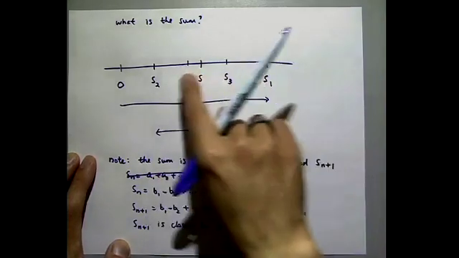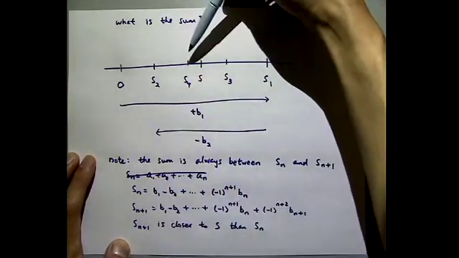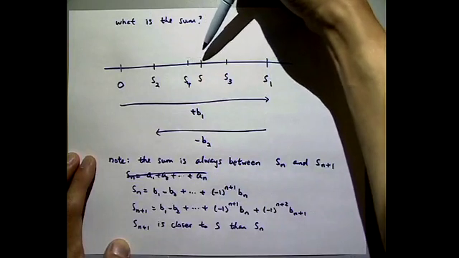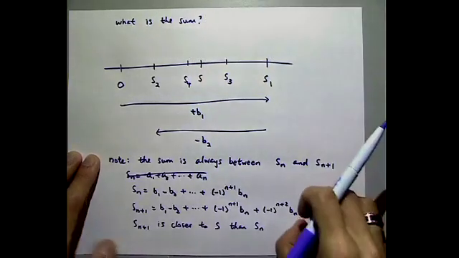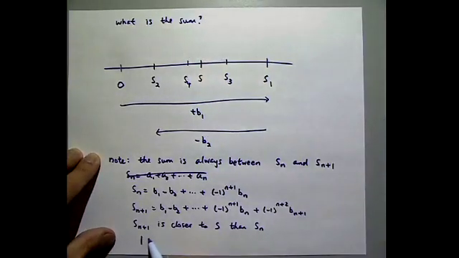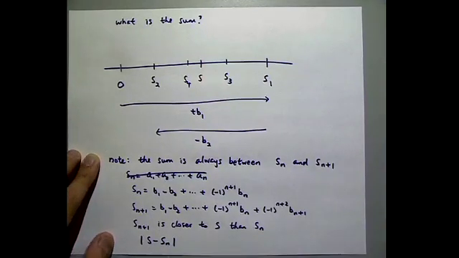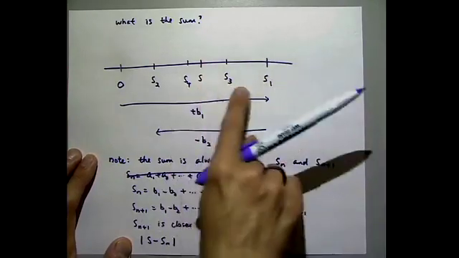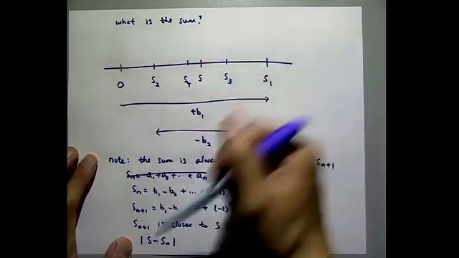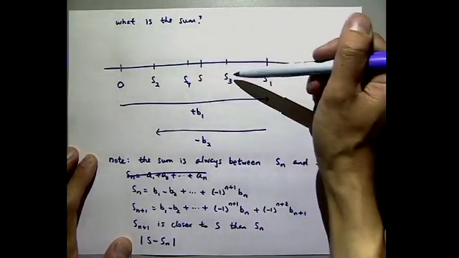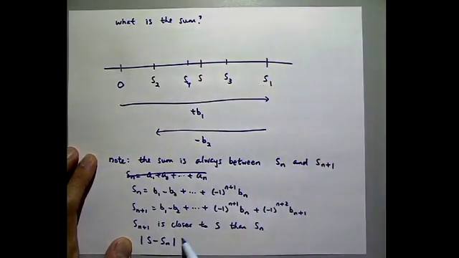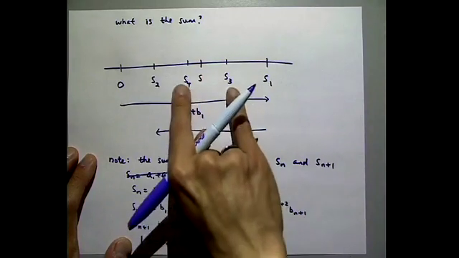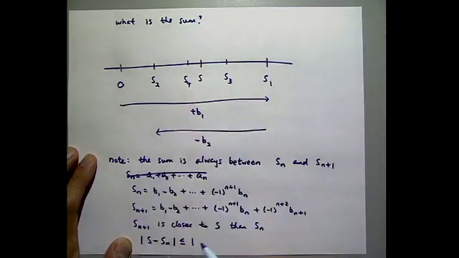It's always between two consecutive sums, but the higher partial sum is always closer to the true sum. In fact, what we're going to see is that the difference between, let's take S3 and S4, for example, the difference between S and S3 is smaller than or equal to the difference between S4 and S3.